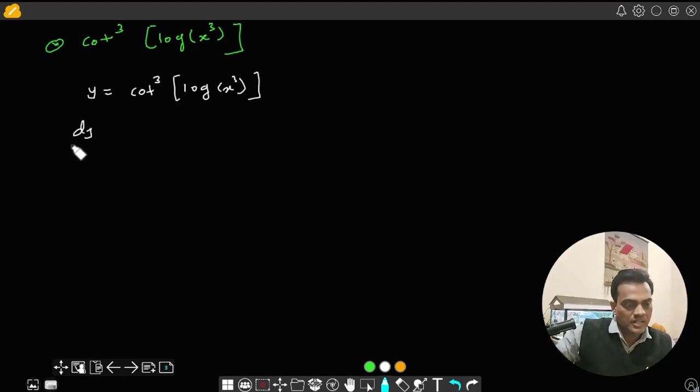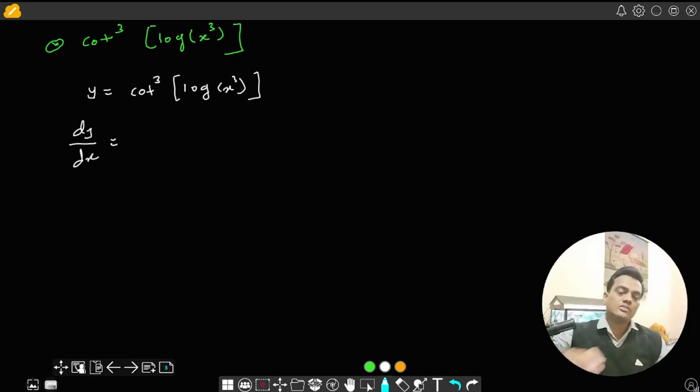then dy by dx, the derivative of y with respect to x. It is a cot cube of log of x cube. So we have to first of all know what is the derivative of this particular cot. Okay, so basically before the cot there is a cube function. So there are 4 functions available.